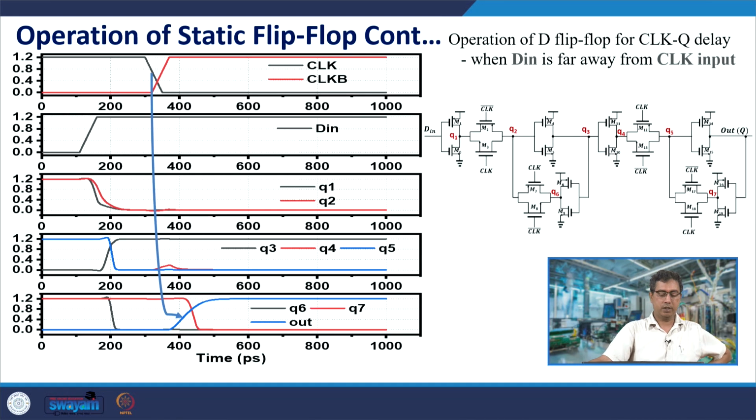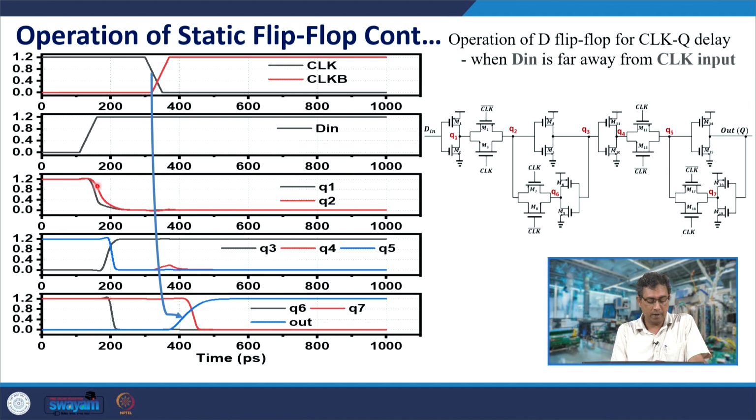Let us look at this operation through a simulation result using a 65 nanometer commercial PDK. As you can see, the clock is turning low and clock bar is turning high. Before the clock turns low, the input passes on to Q1 and Q2.